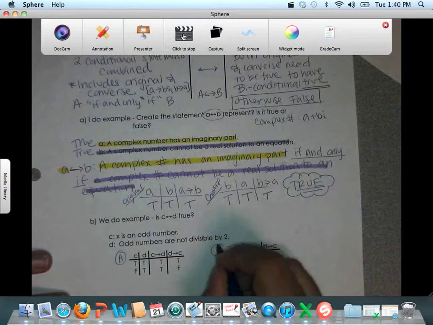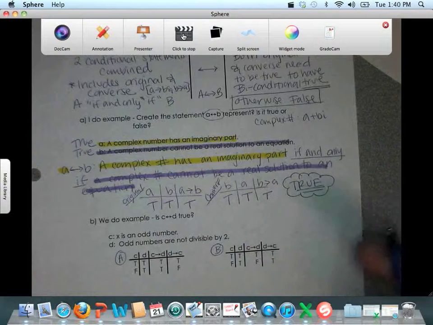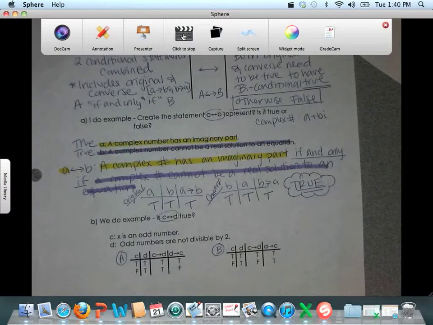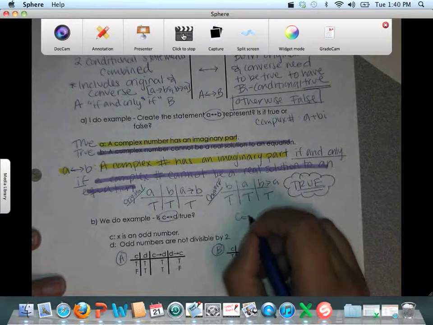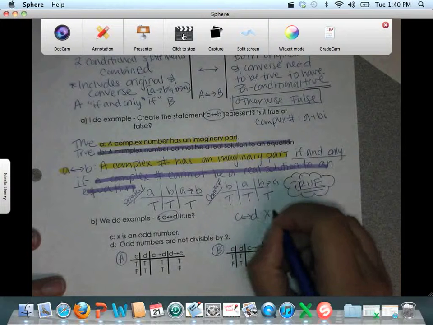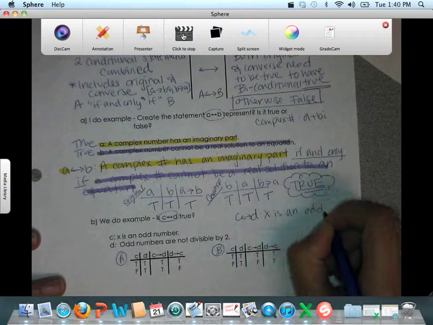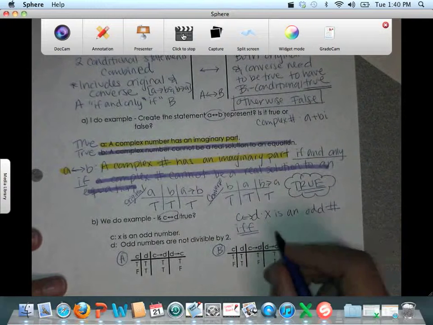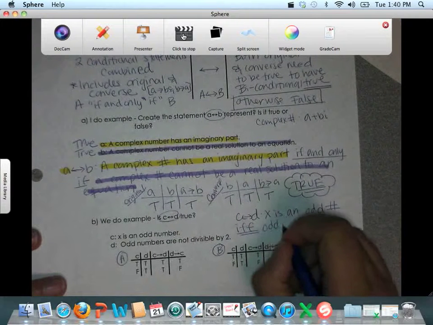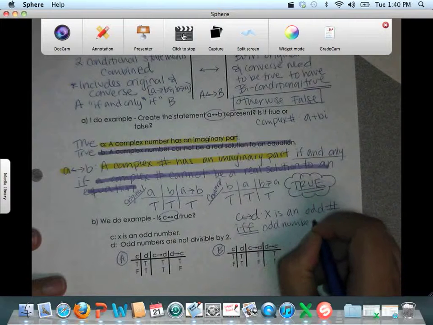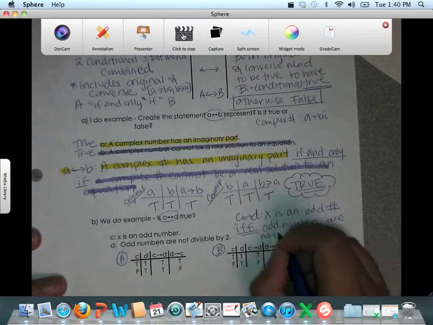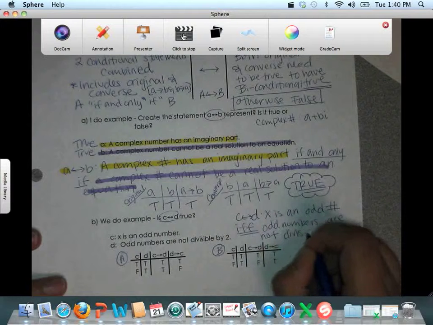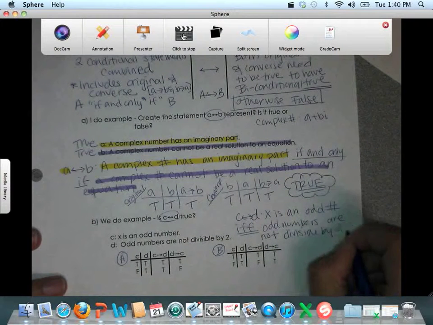Now down here we have two tables. We have A and we have B. Both are supposed to represent the table for the biconditional statement. Just to refresh, your biconditional statement would say: x is an odd number if and only if odd numbers are not divisible by 2.